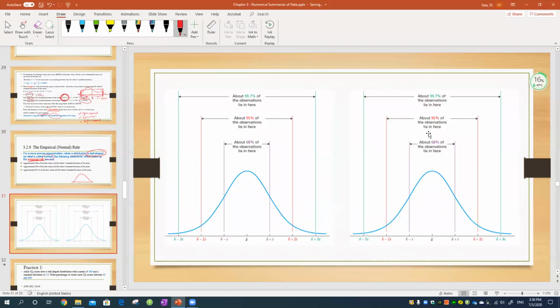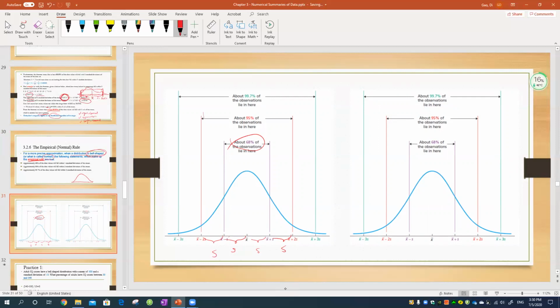So in a picture, we can still see the 3 statements. If this is our sample mean, then 1 standard deviation to the left. So this distance is now 1 standard deviation, and then this is 1 standard deviation. So 1 standard deviation away from the mean, this range covers 68%. And then this is another 1 standard deviation of distance, which extends to 2 standard deviations away.